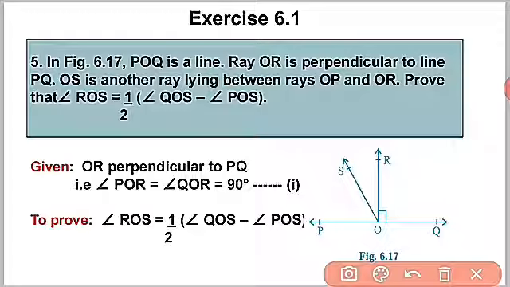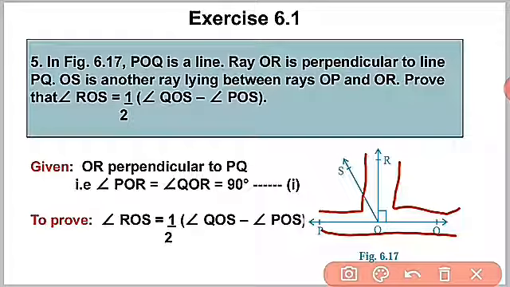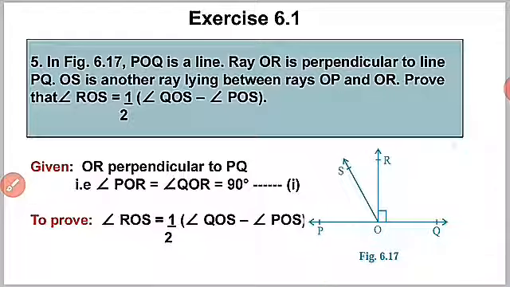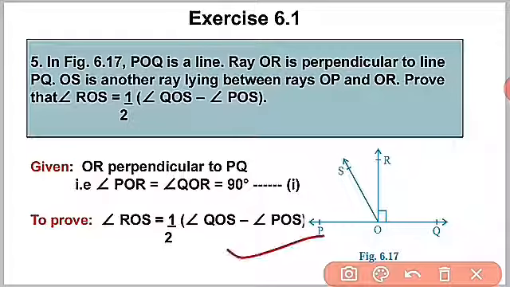So we can see that ray OR is perpendicular to POQ. So we can say that angle ROQ is equal to angle ROP is equal to 90 degrees. Both these angles are 90 degrees. We need to prove angle ROS is equal to half of angle QOS minus angle POS.